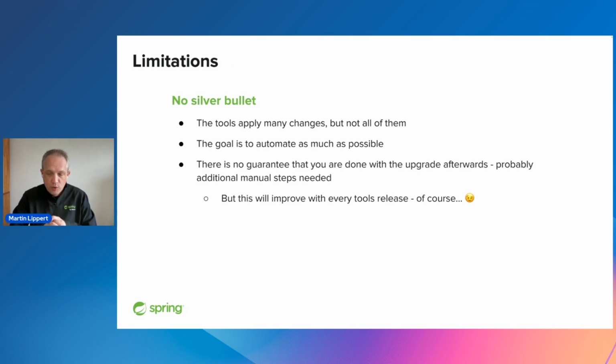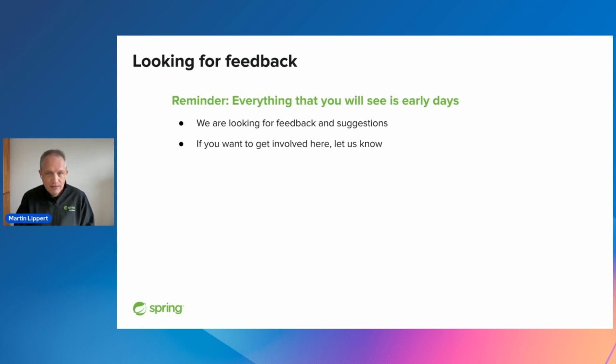It's not a silver bullet where we do everything automatically, right? We try to automate as much as possible. We try to automate the annoying parts, right, that take up a lot of time, but we cannot really do everything automatically for you. But let's dive in and see what this early days support is, and try it out, tell us what you think.